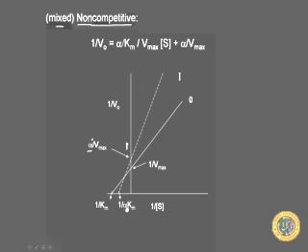Sometimes the Km will go down, and that's usually typical of two different inhibitors, I and I prime, or one inhibitor that may function at two different sites on the enzyme. Again, Km and Vmax are both affected by this type of inhibitor.